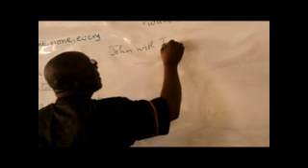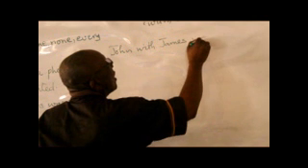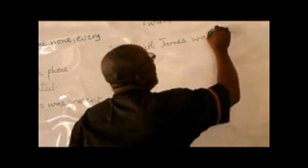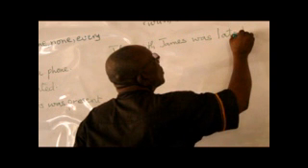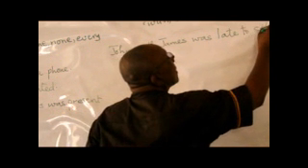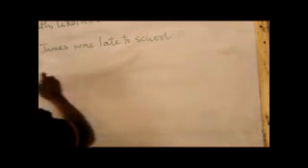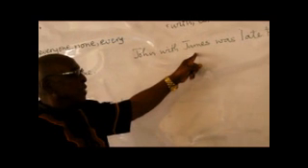So you say John with James was late to school. You are talking of John, you are not talking of James. So you say John with James was late to school. You are discussing this.